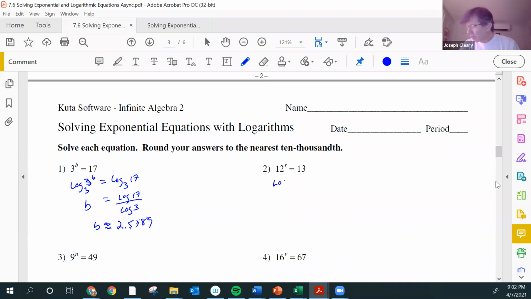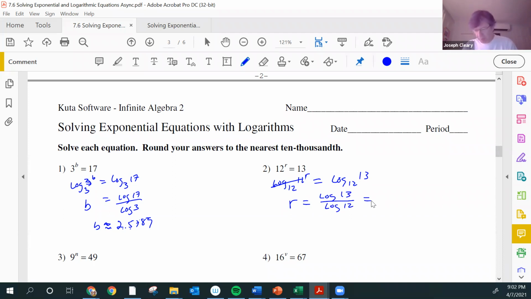Okay, just to do number 2, same drill. Now I'm going to do log base 12 of 12 to the r is going to be equal to log base 12 of 13. So this again all cancels out, so I get r is equal to log of 13 divided by log of 12, and I plug that in my calculator.